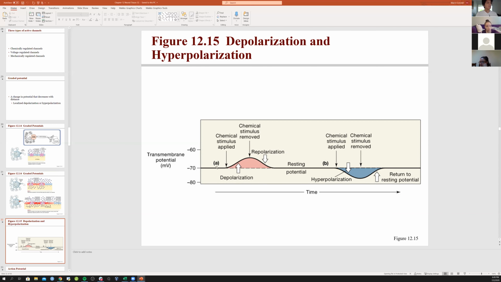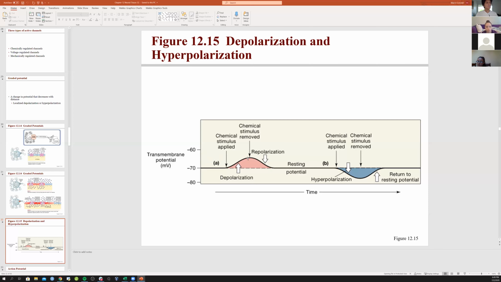Whenever positive charge goes into the cell, it goes from negative 70 to negative 65, negative 60, and it's depolarizing. These are the local changes that are happening. We talked about voltage-gated channels. Let's say a voltage-gated channel opens at negative 60.